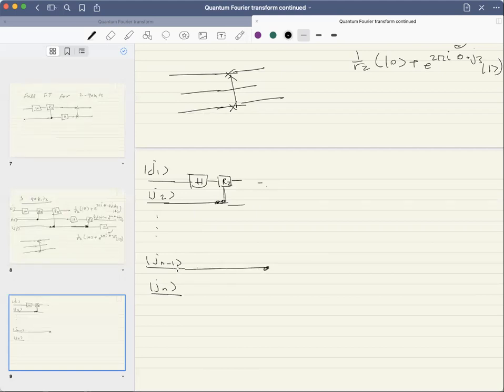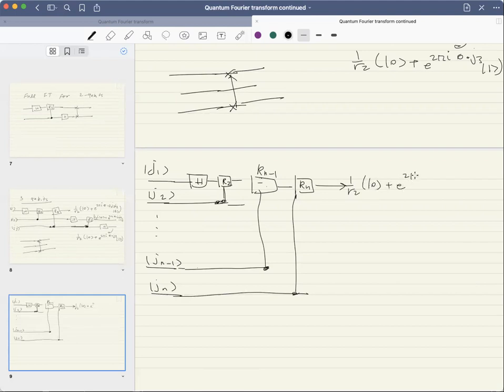Finally, I do an R n minus 1 with J n minus 1, and an Rn with Jn. Then this is done. So what I get here is going to be 0 plus e to the 2 pi i 0.J1 J2 up to Jn, state 1.